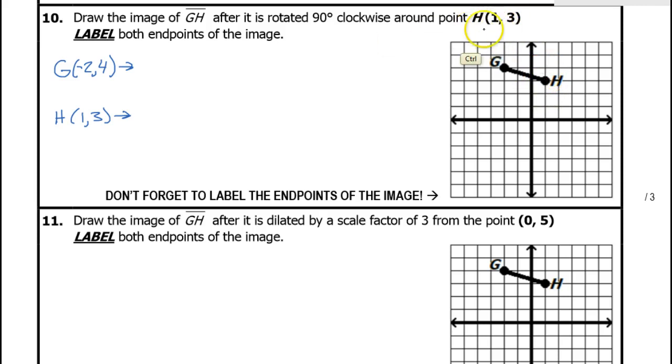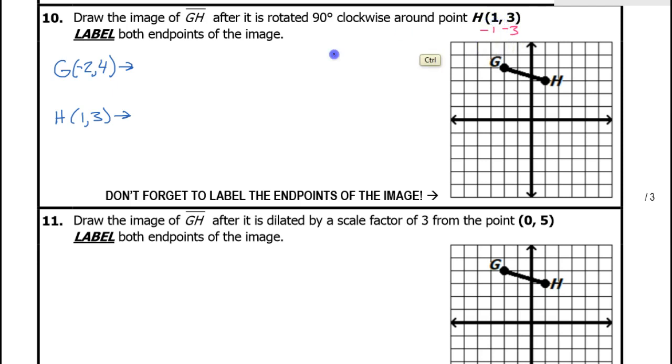So we're going to modify all of the points involved, so we can pretend like this is 0, 0. First you ask yourself, what would it take to turn the center into 0, 0? What it would take is you would have to subtract 1 and subtract 3. That would turn the center of rotation into 0, 0.